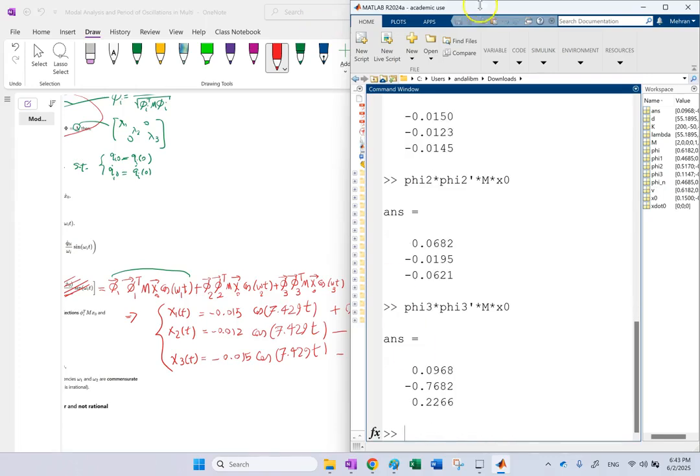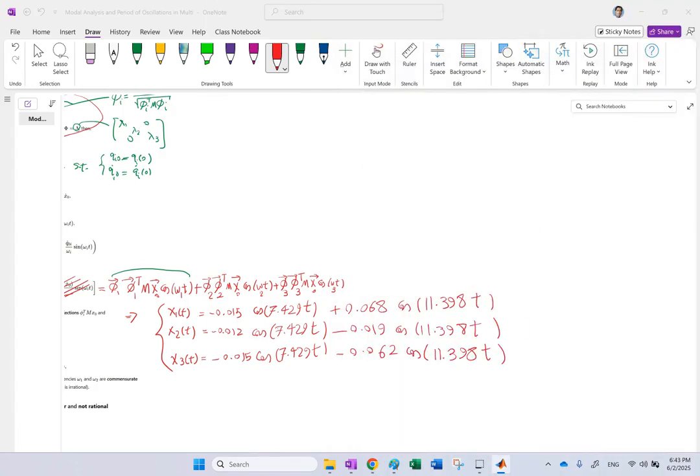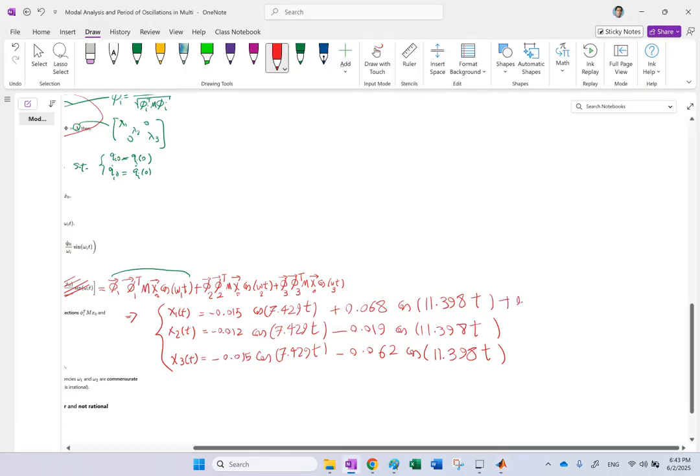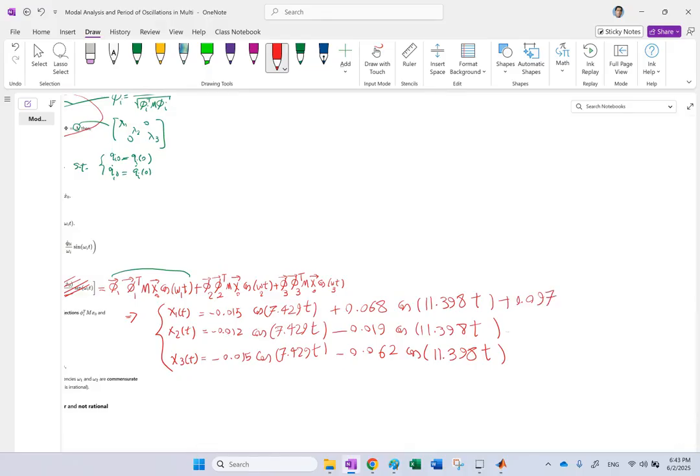And these are these coefficients. So let's go ahead and write them. So plus 0.097 minus 0.768 and minus or plus 0.227. And these are going to be cosine of omega 3t.